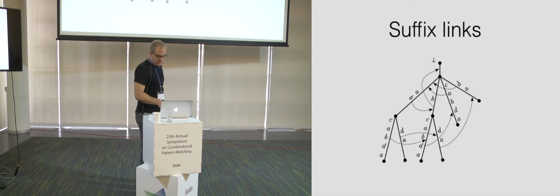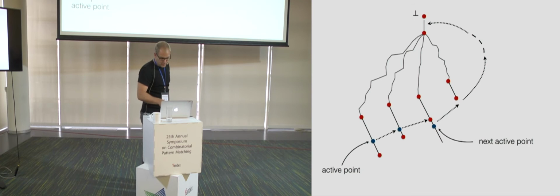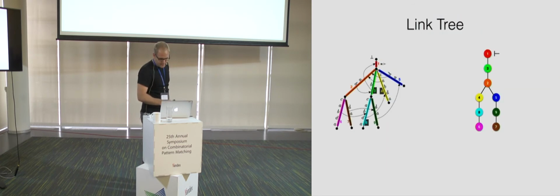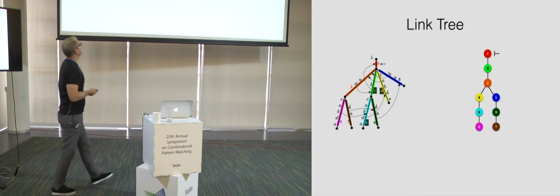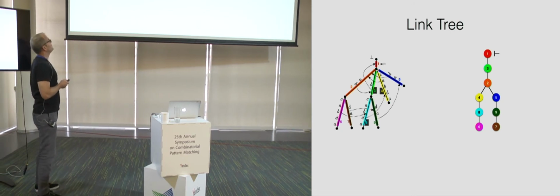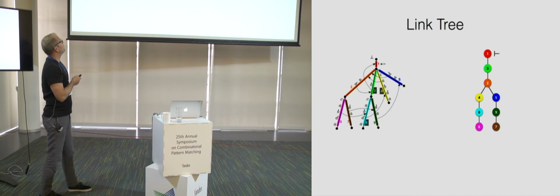So then we're going to look at another tree. Sorry, let's move to that first. So here's the tree that consists not of these nodes. In this tree, we've taken every edge of the suffix tree and made it into a node.